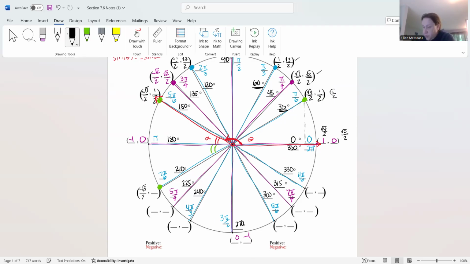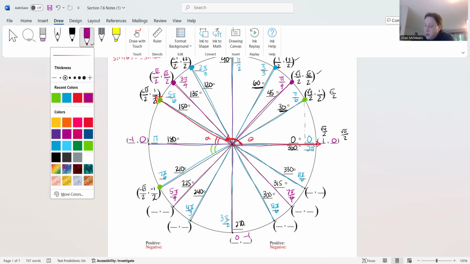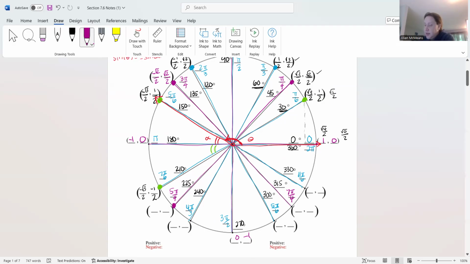So I get negative root 3 over 2 and negative 1/2. Okay? Now next we have 225 degrees. It lines up with 135 and 45 because its reference angle is 45 degrees. So again, we're going to get the same ratios as 45 degrees. We just have to be aware of our signs. So we get negative root 2 over 2 and then negative root 2 over 2.